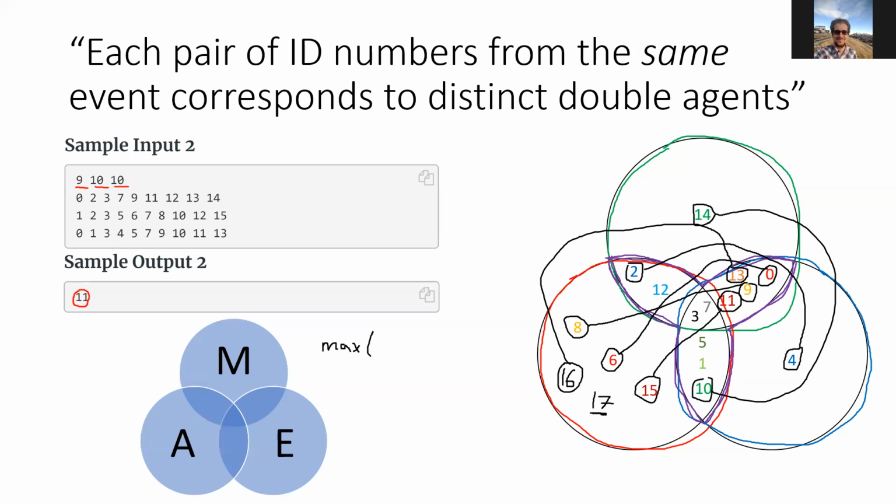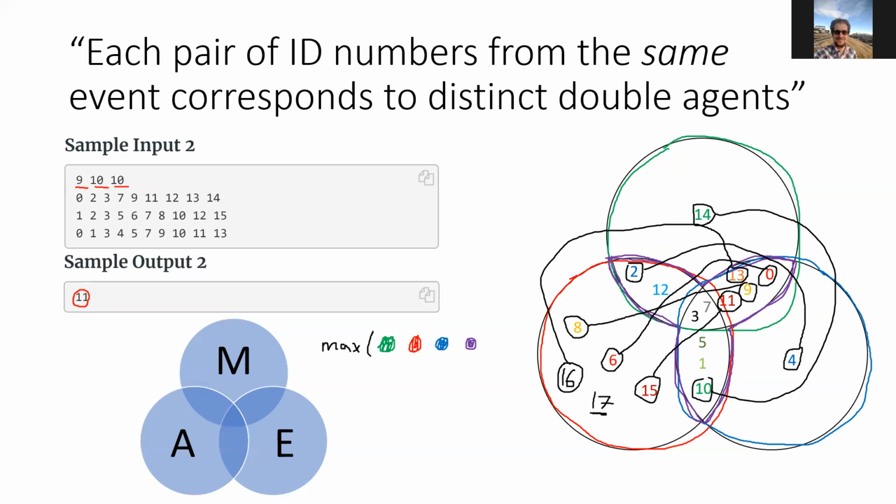So it's the max of how many were inside of the green group, just think of that circle as how many were just inside of that green group, and then how many were inside of the red group, and then how many were inside of the blue group, which up to here is really just the same thing as what we had in the previous slide, but also how many are in this purple group.